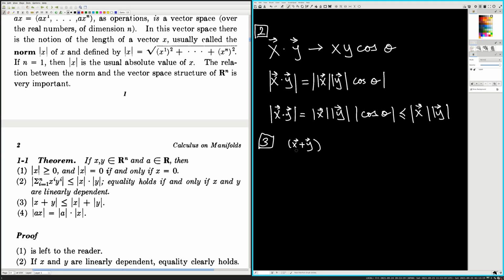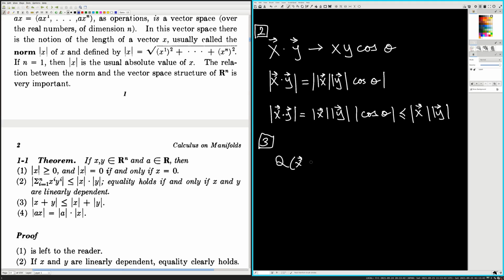Okay, I hate this absolute value notation. Let's think about it this way. If we square both sides of this, since these are both positive quantities, the squares are a lot easier to work with.